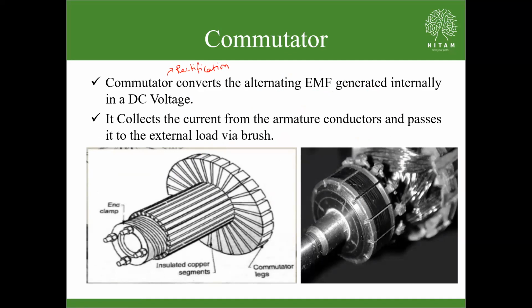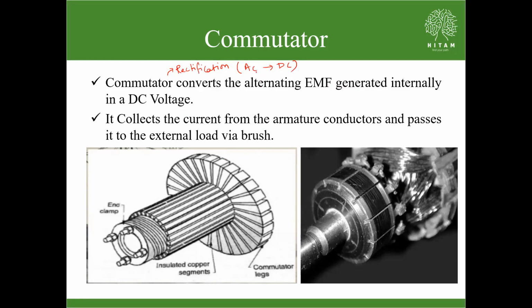What is the property of a rectifier? A rectifier converts AC into DC. Here also we are converting AC into DC format. The commutator converts the alternating EMF generated internally into DC voltage.